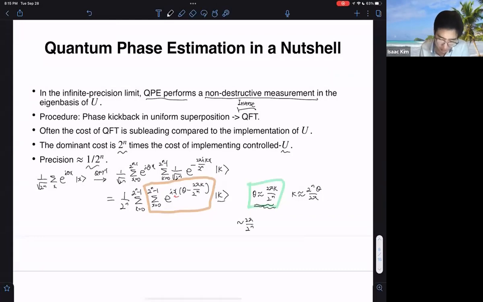So in that sense, the precision is 1 over 2 to the n. The main point is this is epsilon, and let's say we apply this operation n times, then this is n. So this is 1 over n, roughly speaking.